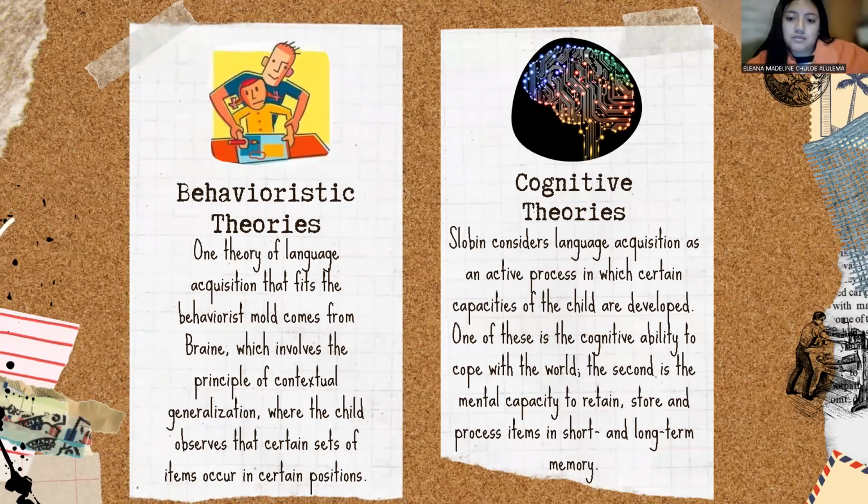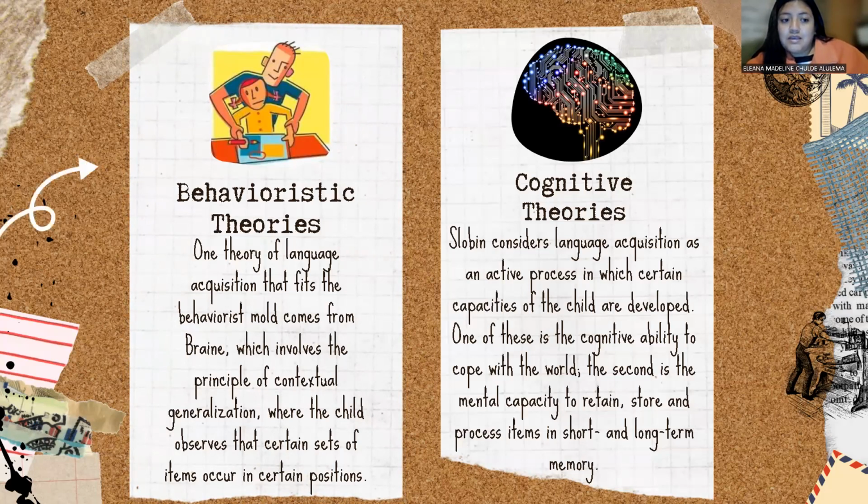Now I'm going to talk about the behavioristic theories and cognitive theories. One theory of language acquisition that fits the behaviorist mold comes from Braine, which involves the principle of contextual generalization, where the child observes that certain sets of items occur in certain positions.